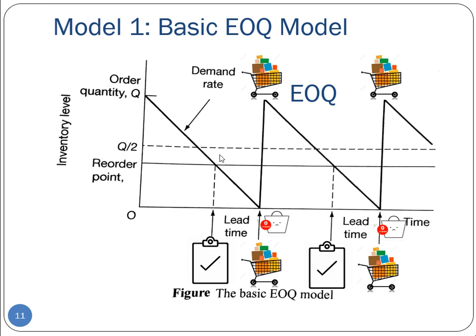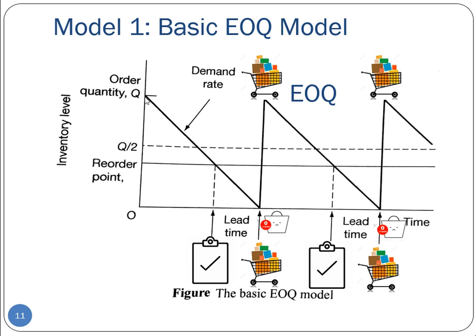And this is another viewpoint for model 1. As we can see, on the y-axis there is inventory level, and on the x-axis there is time, and time may be in days or years or months. Now for that case, at this point the inventory is 0, and this is the first day of his shop, the business's first day start, so on the same day he gets all the orders delivered.